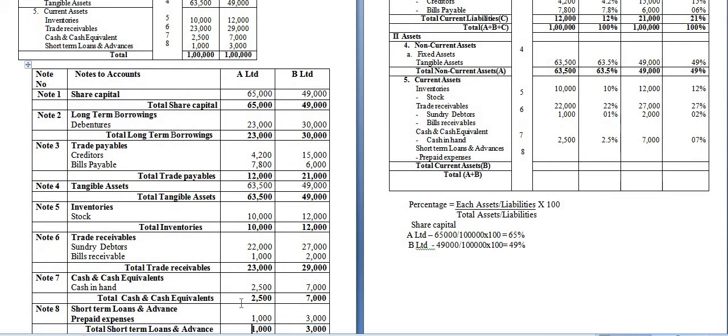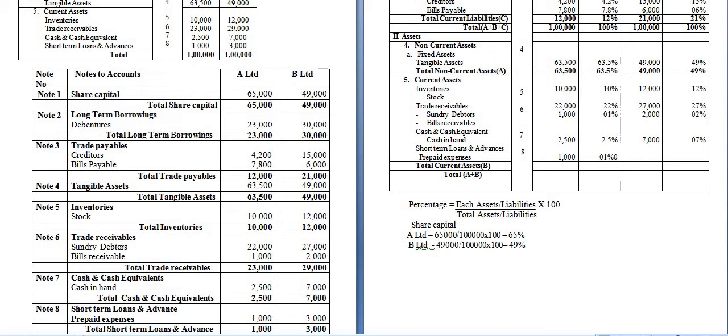Here you can check. Short-term loans and advances include prepaid expenses of 1,000 of A Limited and 3,000 of B Limited. So write in the amount column 1,000 for A Limited, and the percentage 1,000 divided by 1 lakh into 100 is equal to 1%.